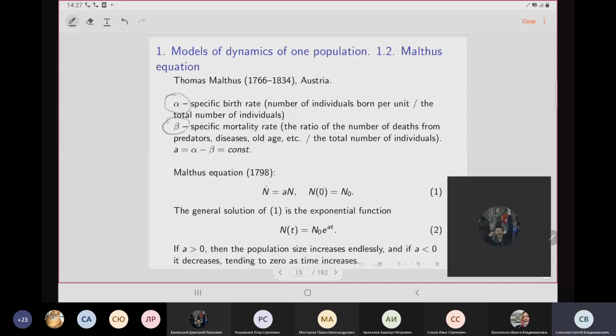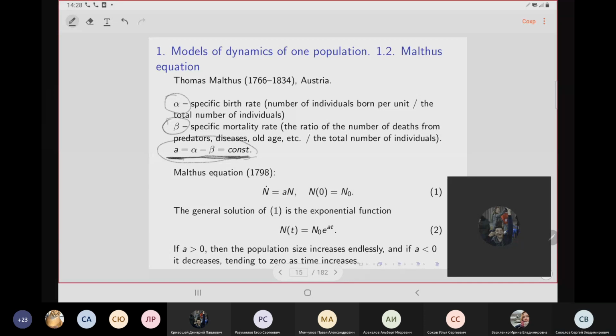It is the number of deaths from any situations, from predators, from disease, from old age, and so on. So all the births and all who die. And we consider the simplest case when the difference between A and B is constant.